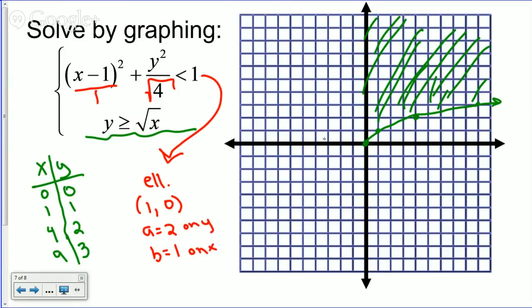So if I go to my center, and it's a dotted line, so we got a dotted line there. If I go to the center at 1, 0, okay, my a on the y, that means I'm going to go up 2, down 2 in the y direction. 1 on x, so that's 1 that way and 1 that way. And we are a dotted line.